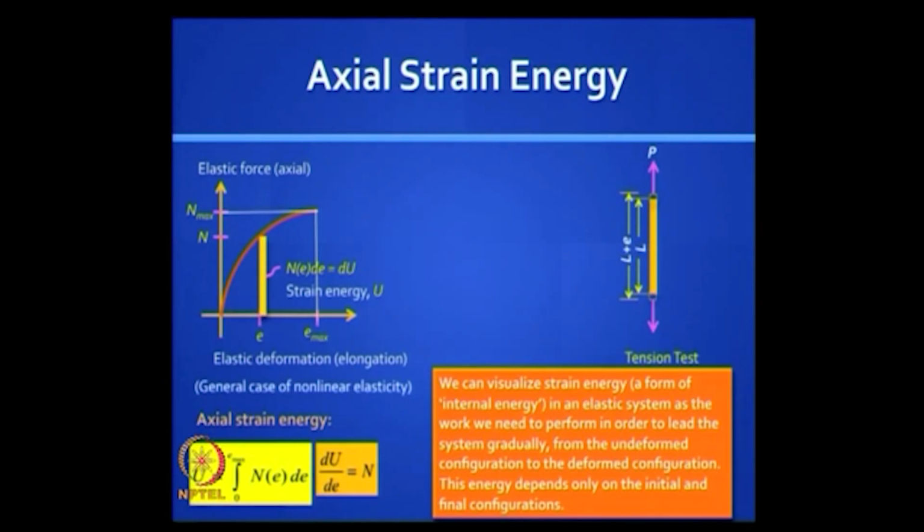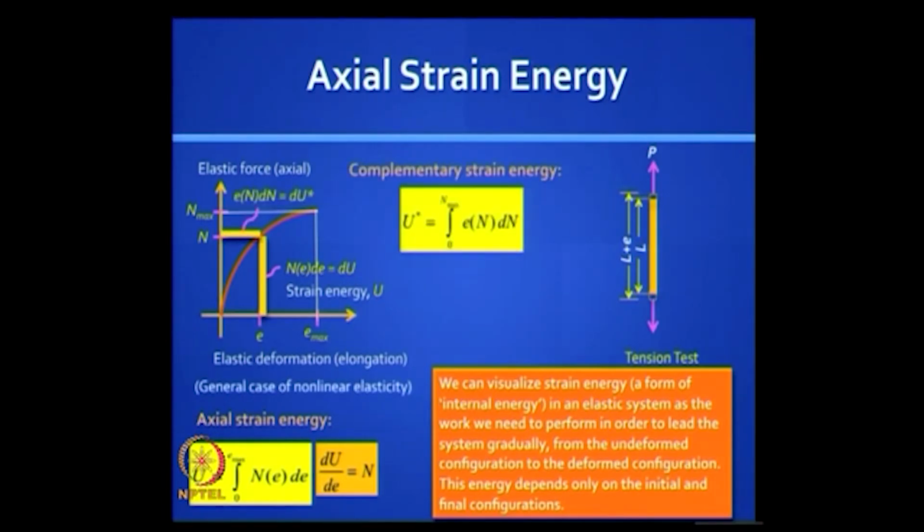And so the energy depends only on the initial and final configuration. In a truly conservative system this is true, it is called a point function, and when you return, the path of that curve is completely retraced, and that energy is totally recoverable.